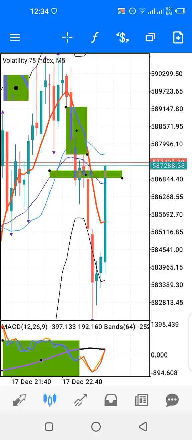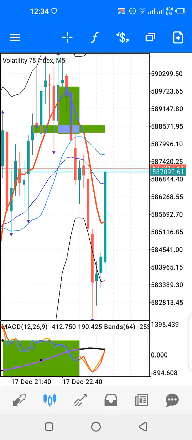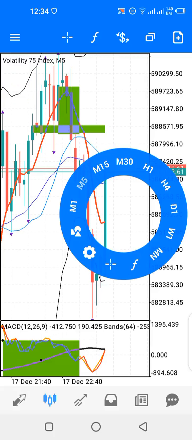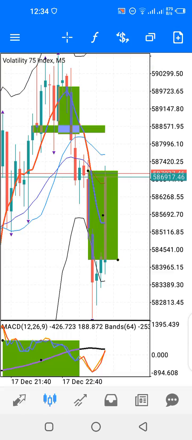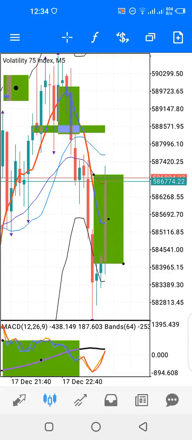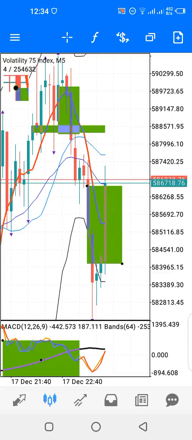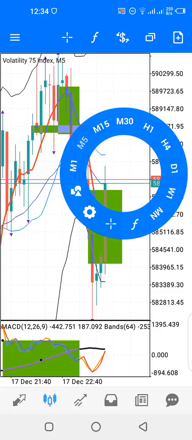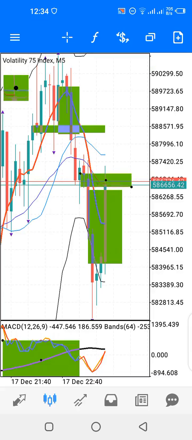All right, a similar situation happens for the buy scenario. The current candle is a bullish candle, so we'll wait for it to close. If it closes with a short wick at the upper end, then we are good to buy.